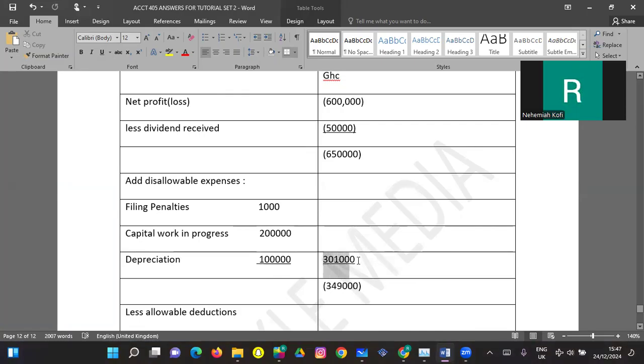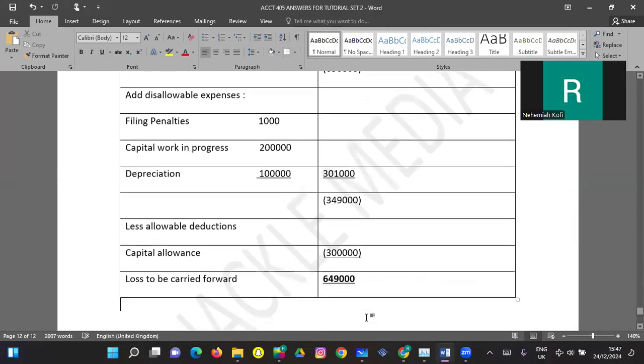Adding this to this, we are arriving still at a loss of negative 349,000, right? Then we less our allowable deduction, which is 300,000 as the capital allowance.